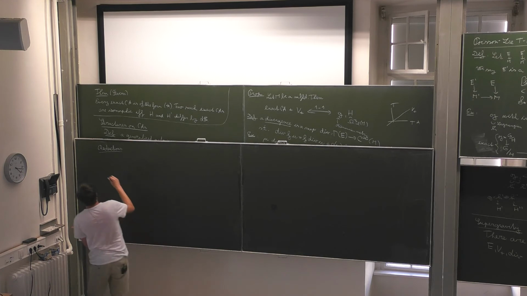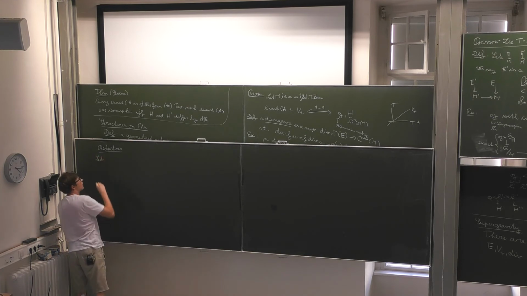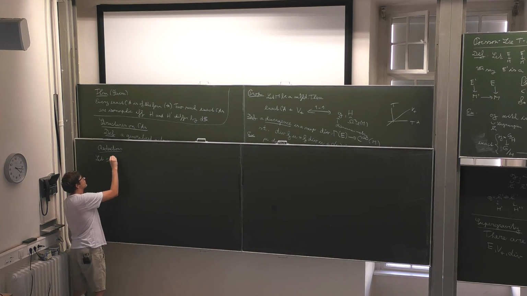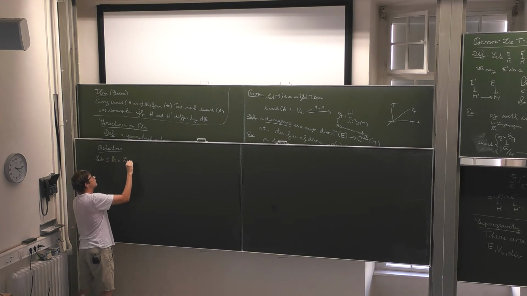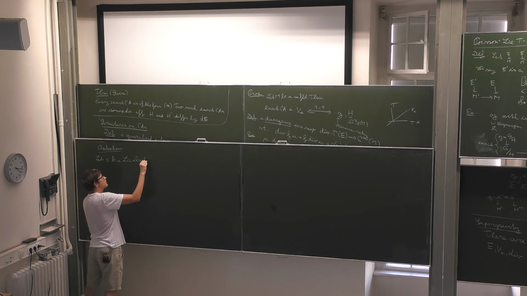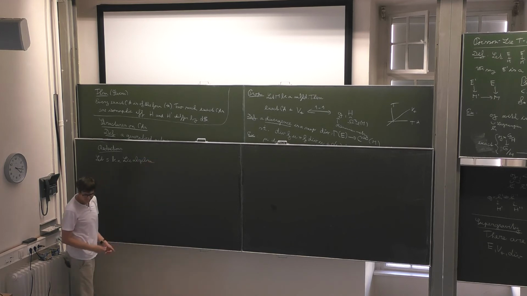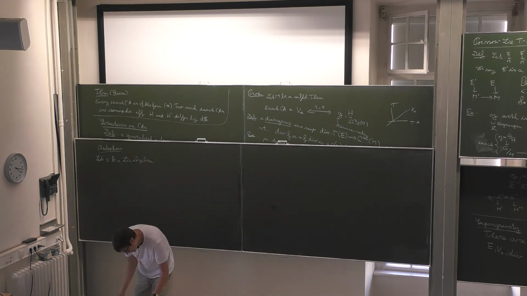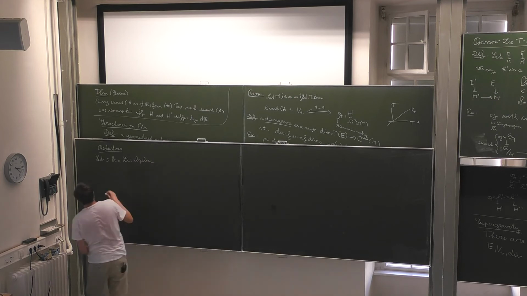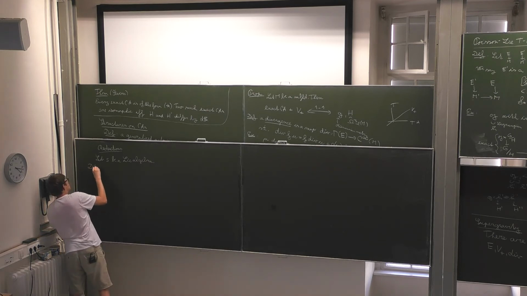Okay, so suppose that you have a Lie algebra, which is unrelated to the Lie algebras before, so let's call it maybe S. Let S be a Lie algebra. That's maybe not the best name for a Lie algebra, but that's what we use in the article. Okay, so that's the definition.